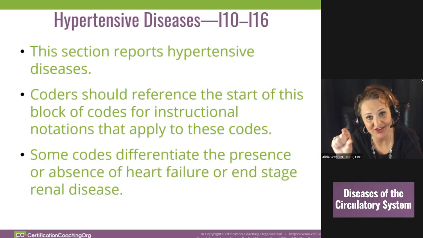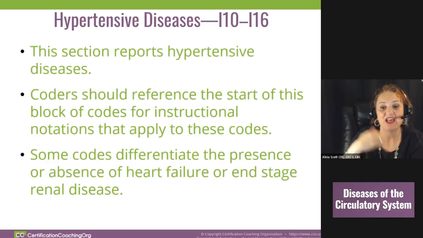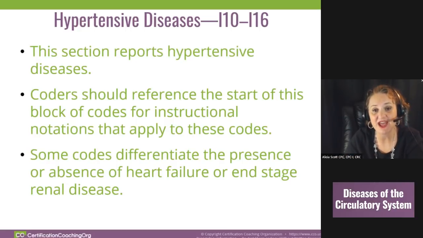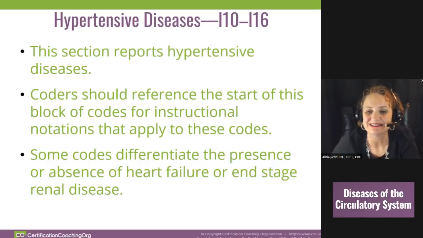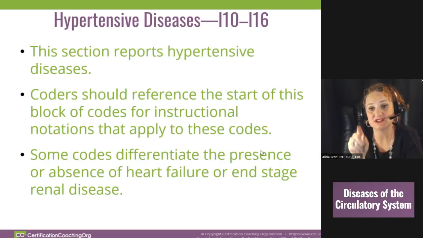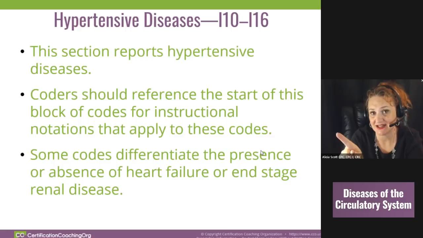Okay, and then that's going to have another code with the hypertension. And then on top of that, you will probably be coding multiple codes, right? So a lot of guidelines surround I10 through I16.